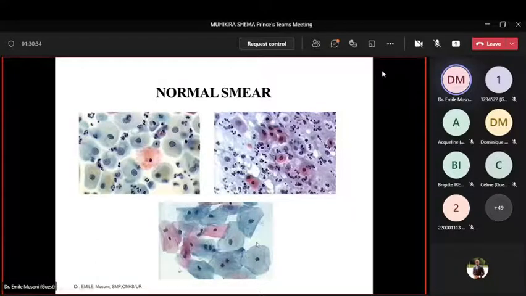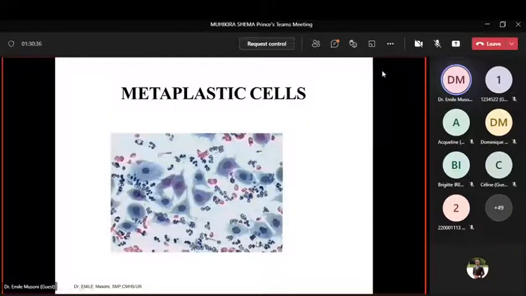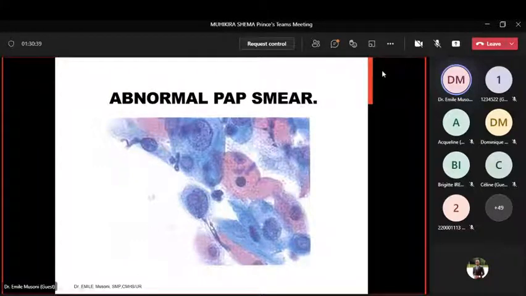So how do we know if it is abnormal? For example, these are metaplastic cells, abnormal. In an abnormal pap smear, you see the cells are pleomorphic. There is an increase of the nucleus compared to the cytoplasm. If you see this one, the nucleus-to-cytoplasm ratio is higher because there is an increased size of the nucleus.